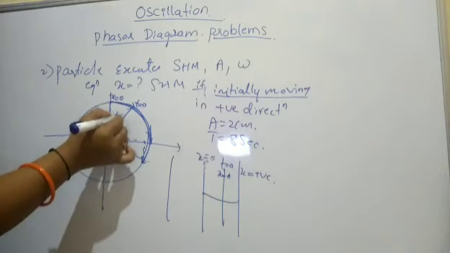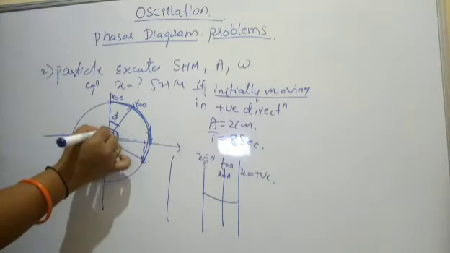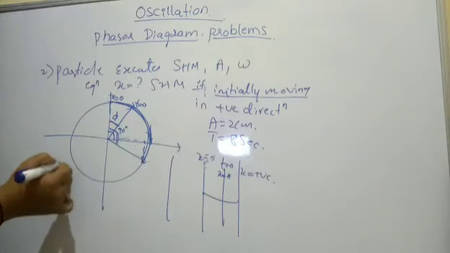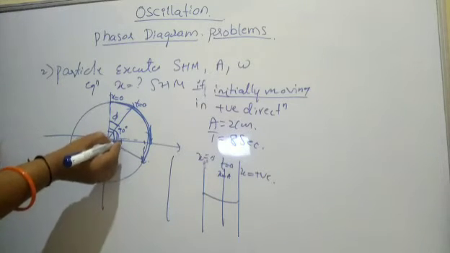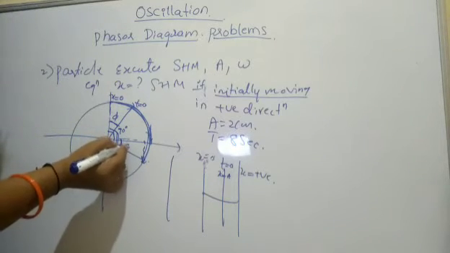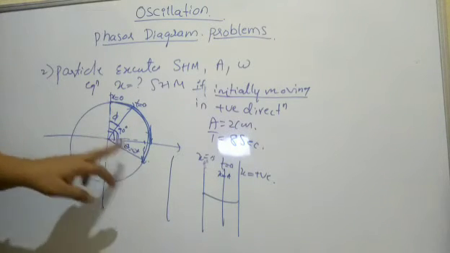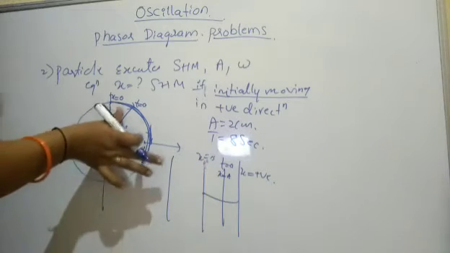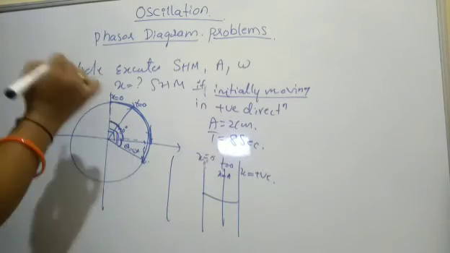So look at this, this complete part is 90 degree, right? This is the angle, omega t here. And this is phi. It will become a total of 90 degree here.